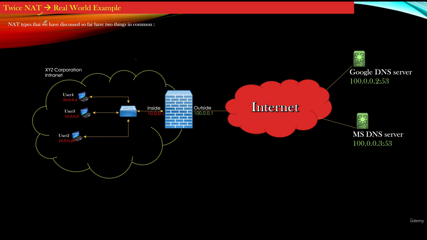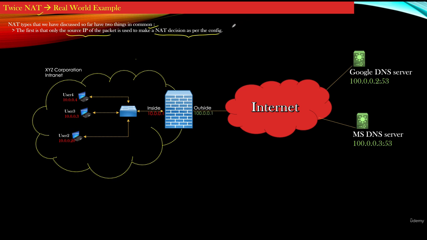The network address translation types that we have discussed so far in this course have two common points. The first point is that when the packet is undergoing translation from inside to outside interface, only the source IP address of the packet is used to make the NAT decision as per the config.